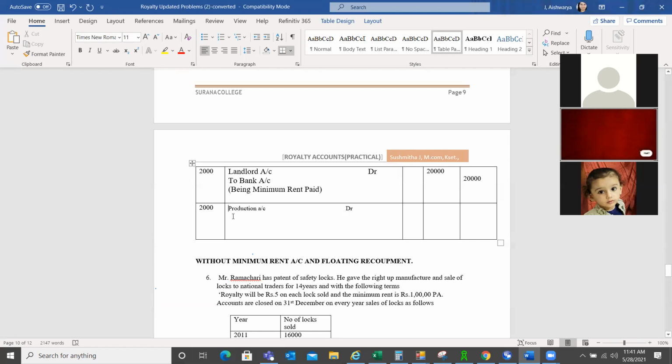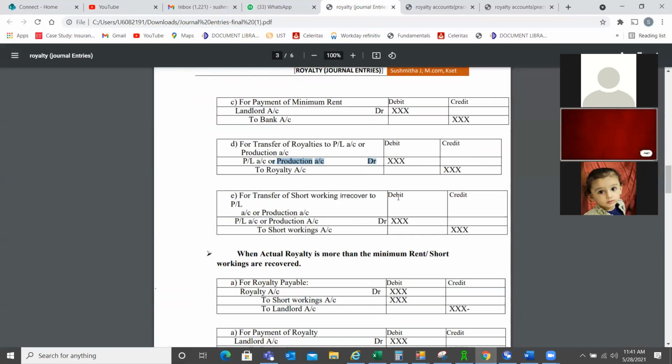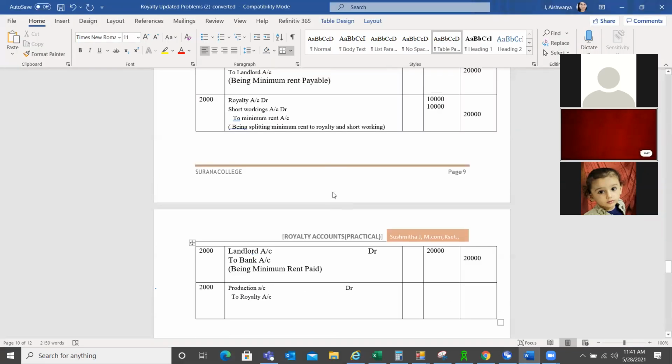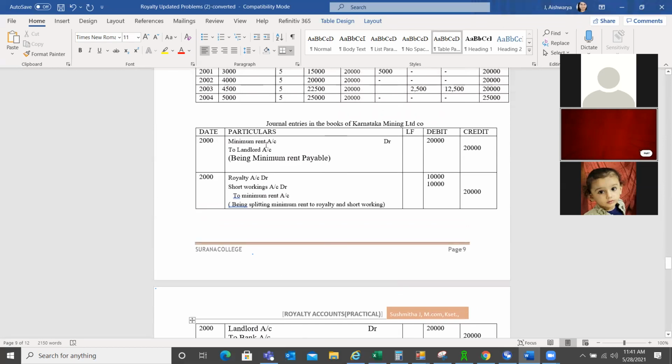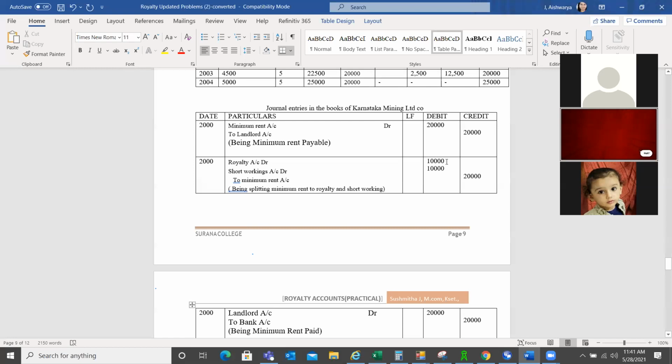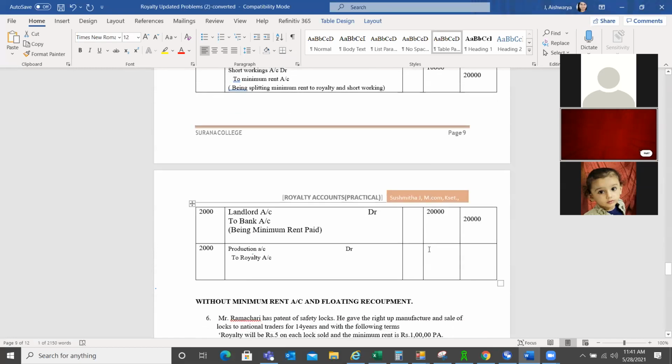Good. How much do I have to transfer to production account? Just look into it. 10,000. Yes, I have to transfer 10,000 to production account.